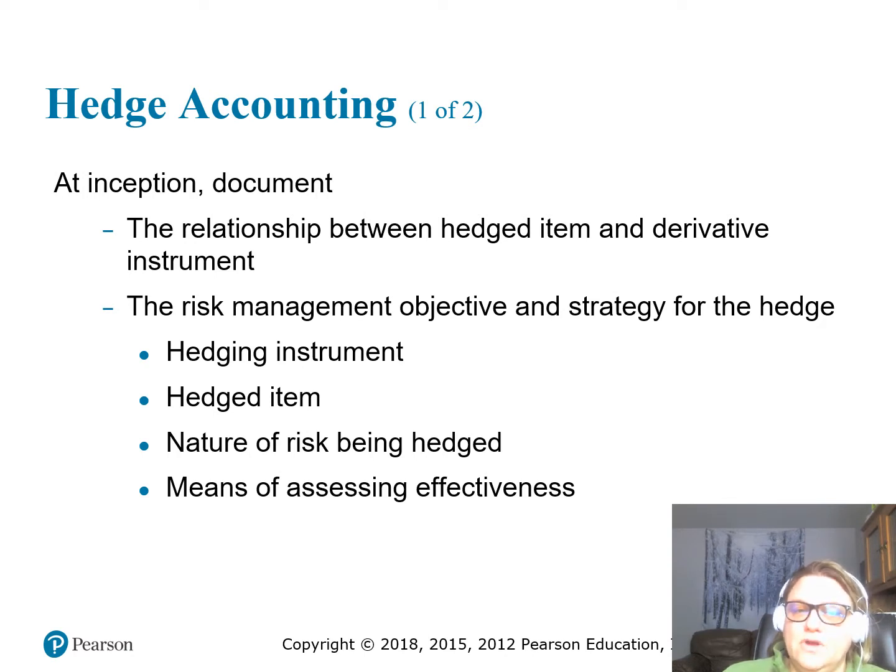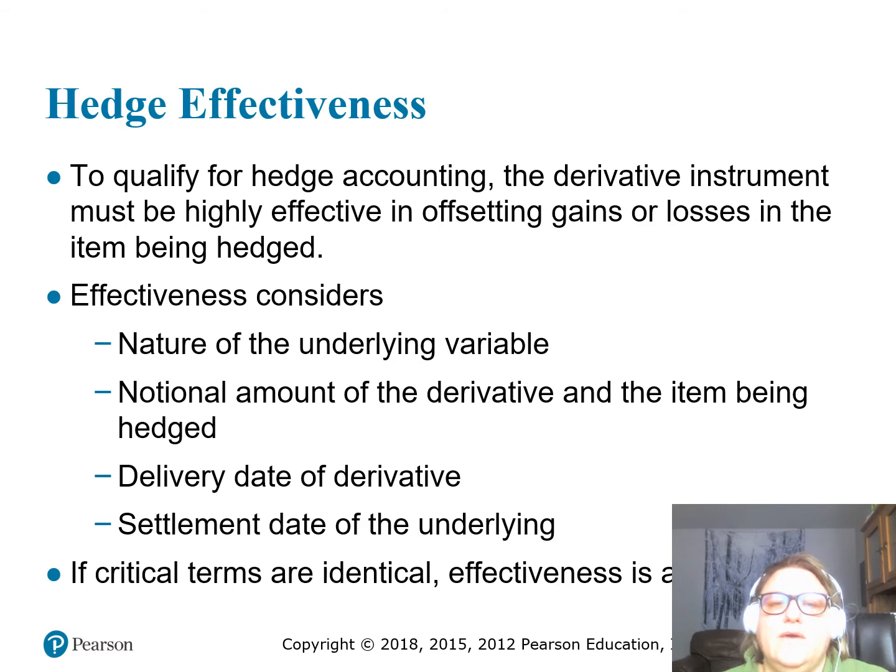So this is the chapter where we're going to start looking at whether or not that hedge we bought actually did its job, and then we will be accounting for its effectiveness. In hedge accounting, the derivative must be highly effective at offsetting gains and losses. So for example, if you buy a derivative and it doesn't do its job, for whatever reason, let's say you buy a derivative, things are going to gain and then they lose, and you lose the buy on the derivative.